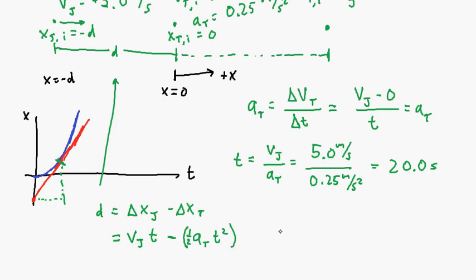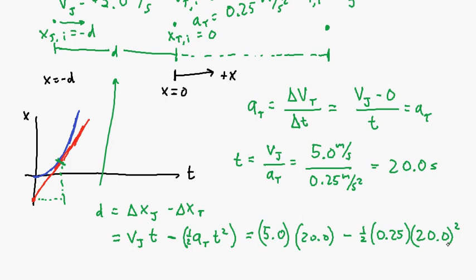Okay, so d equals Vj times t, and that is 5.0 times 20.0 minus 1/2 the train's acceleration, which is 0.25 meters per second squared, times the time 20.0 squared.